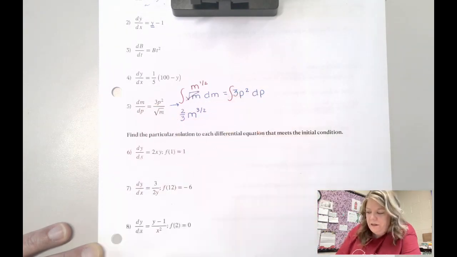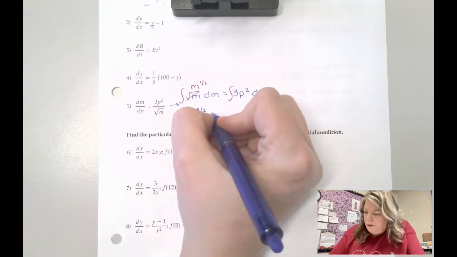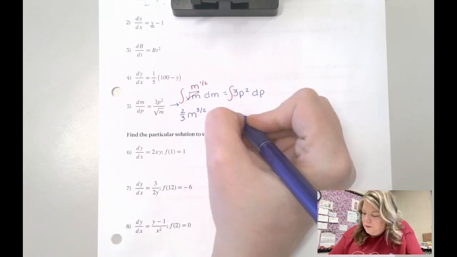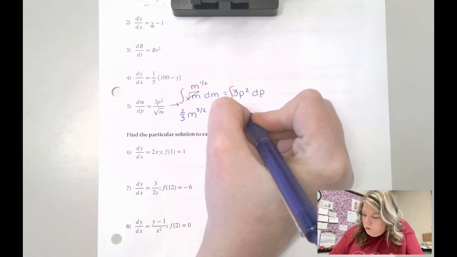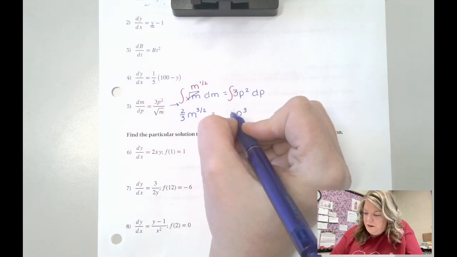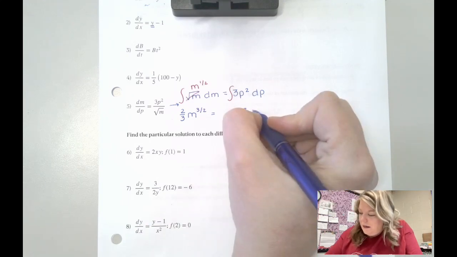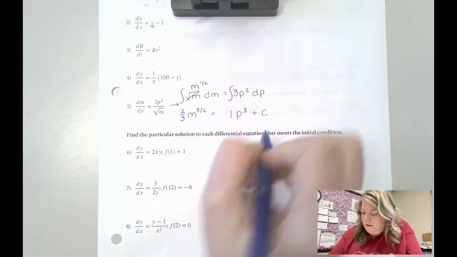And I think we were pretty good at that by the time we finished the last unit. Add 1 to the exponent, and then multiply by the reciprocal or divide. With this one, I'm going to add 1 to that exponent, so this is going to become a p cubed. But then I'm going to divide by that new exponent of 3, and 3 divided by 3 is just 1. So this is really just a 1p cubed, and then I'm going to tack on a plus c.